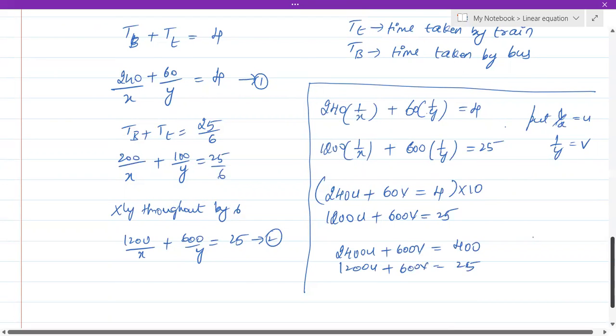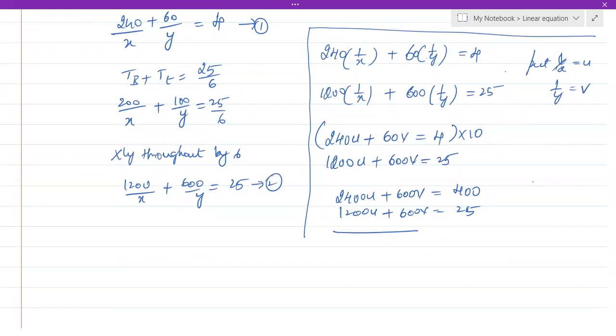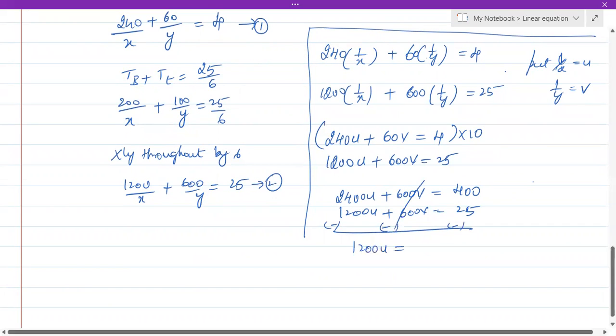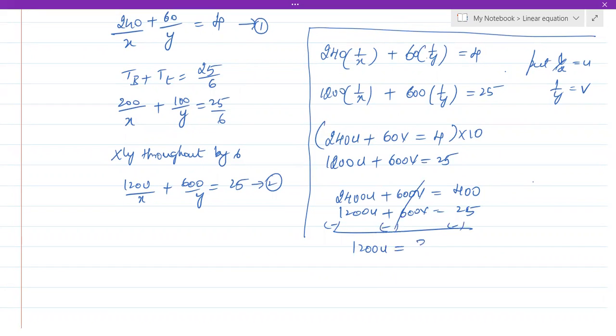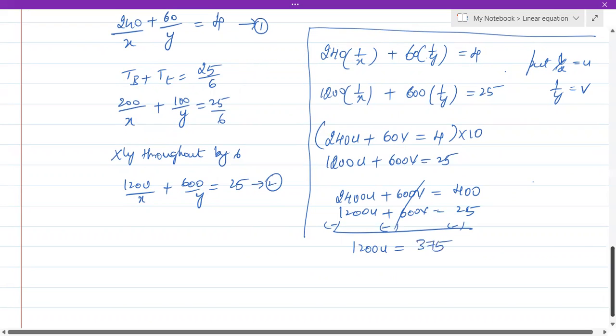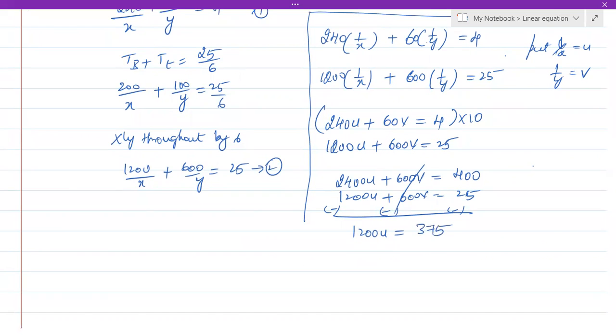Let's change the sign since they are the same. Plus 600 v minus 600 v gets cancelled. 2400 minus 1200 is 1200 u equals 400 minus 25, which becomes 375.